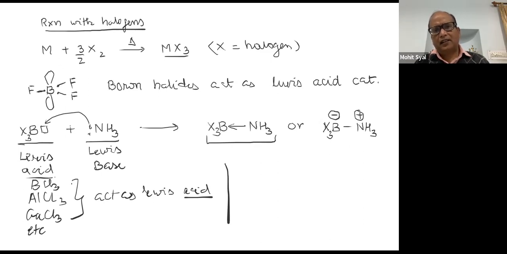This is halide. Halide structure is clear. Boron forms covalent halide because I'm showing bonds. In aluminium, it is more electropositive because down the group metallic character increases, and the tendency to form cation increases. So AlF3, I will write in a general manner.